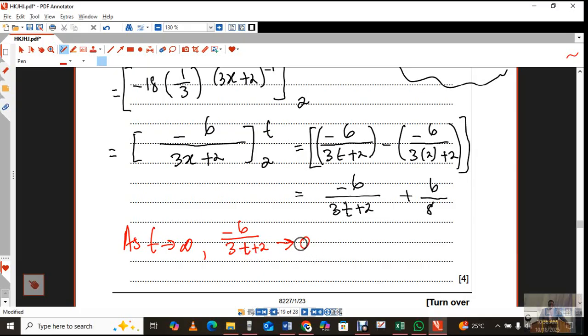So the finite area is 0 plus 6 over 8, which is the same as 3/4 square units. That is what we are looking for in this question.